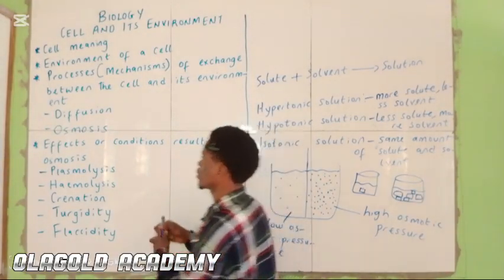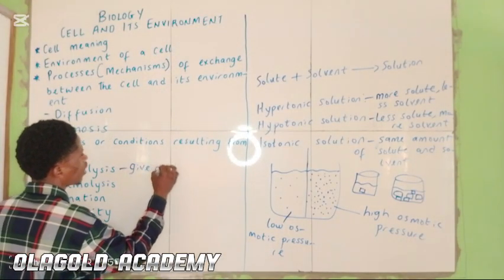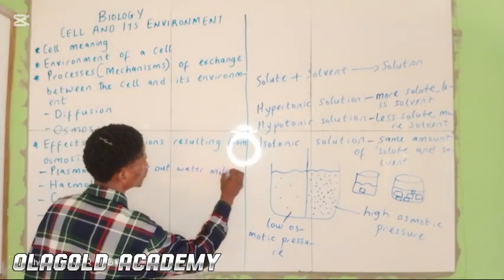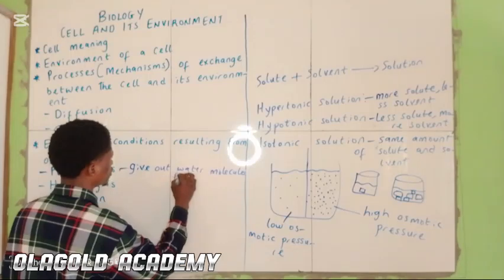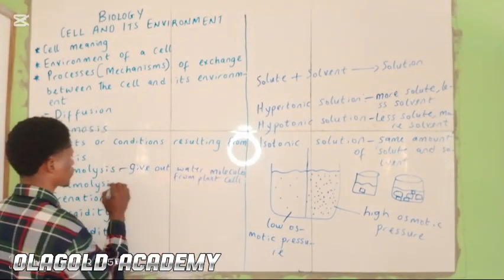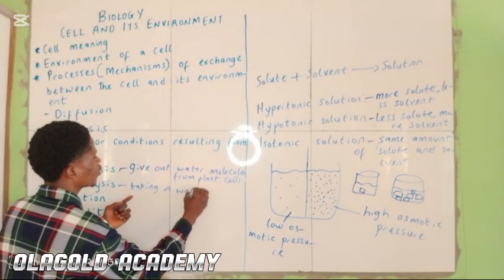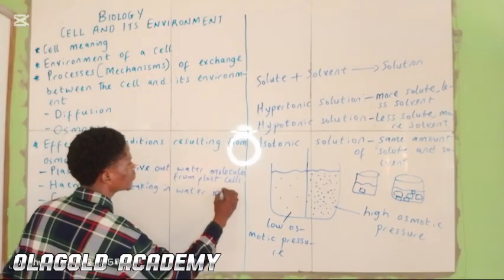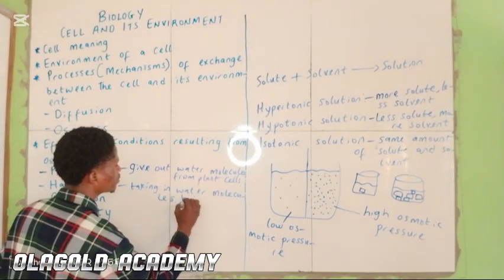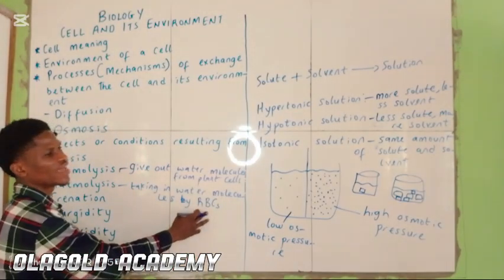Exosmosis, this is giving out water molecules from plants, from plant cells. This one is taking in water molecules by red blood cells or the erythrocytes.